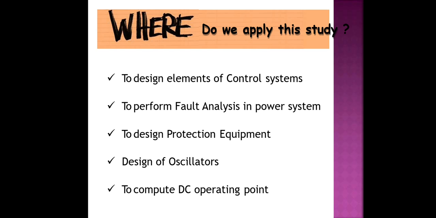Of these applications, design of oscillations and computing the DC operating point relate to electronics and communication engineering, and moreover the design of control systems too. On the electrical engineering side, we perform fault analysis in power systems and design protection equipment. So most of the time we use both applications. These are the applications where transient responses are used.